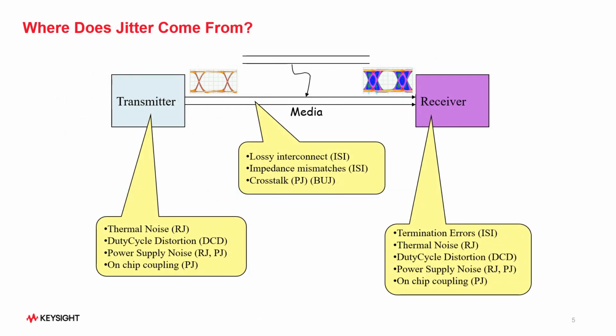So now let us understand where jitter comes from. Sources of jitter can be broken down into three primary contributors consisting of the transmitter, the physical media, and the receiver. The perspective of transmitters and receivers will depend on the user's measurement reference point.